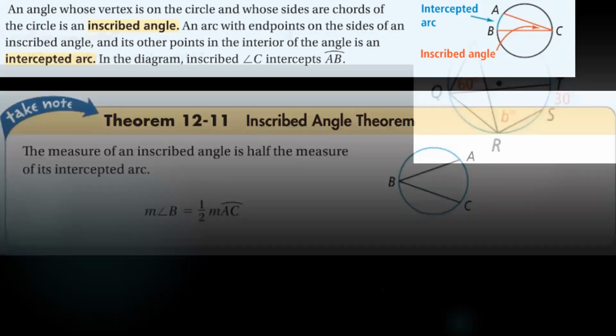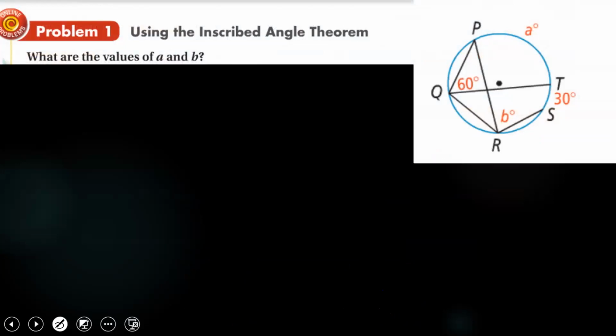Let's have now more examples here. Here in problem number 1, we have an arc A and angle B, and you want to find the values of A and B. Now, for this angle here, which is 60, let's see where are its sides.